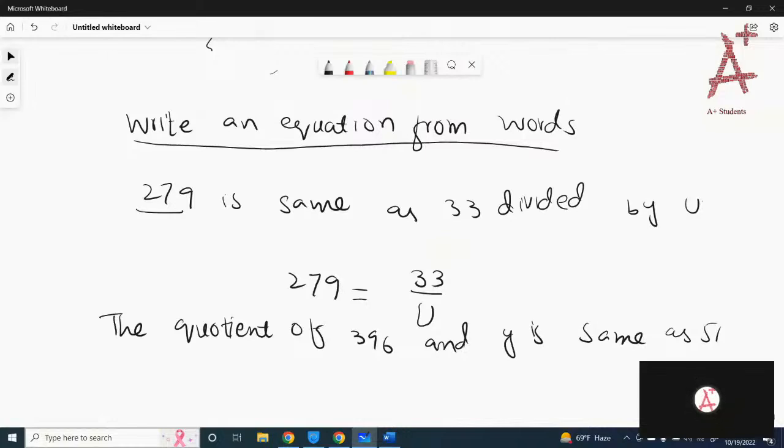So you have to write the equation, and the sentence is the quotient of 396 and y is same as 51. So quotient means you have to divide them, 396 over y, and they are exactly equal to 51. Got it?